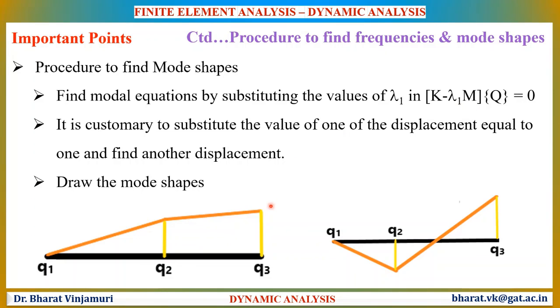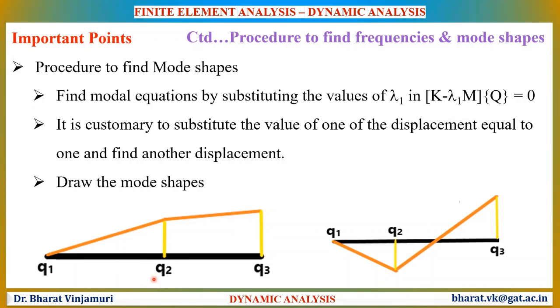It is customary to substitute the value of one of the displacements in this equation equal to 1 to find another displacement. Thus, you can understand from the following figure that if one of the supports is fixed, the value of Q1 will be 0.